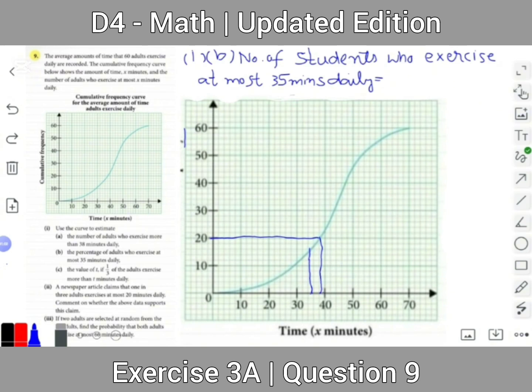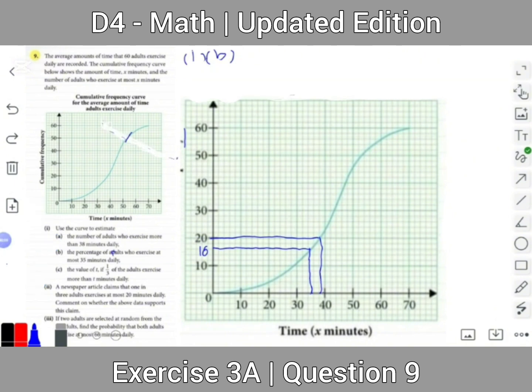From the point of intersection we draw a horizontal line until it touches the vertical axis. So we have 10, 12, 14, and 16. Here we have the reading of 16. So the number of students who exercise at most 35 minutes daily is equal to 16.